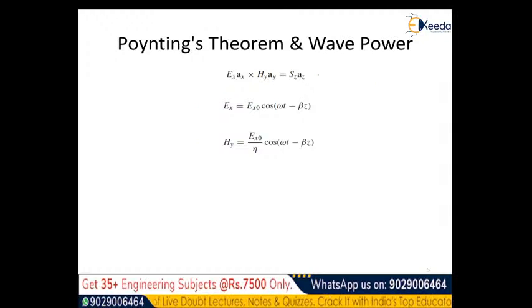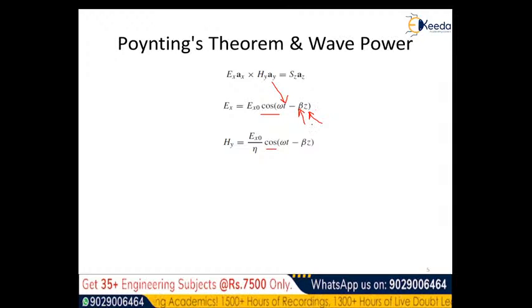The wave nature here we have denoted with the help of the trigonometric function cosine. Inside the bracket we have the angular frequency denoted by omega, the time parameter t, minus the phase shift constant beta, and z is how much distance it has covered along the z direction. So it is a spatial parameter.